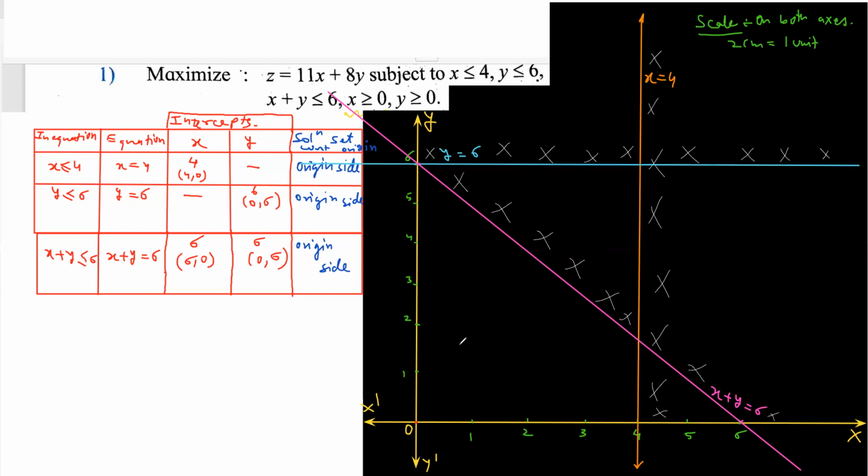Now you can understand, in the first quadrant, where you do not have the crosses, this is the solution set that you have. You will shade it.